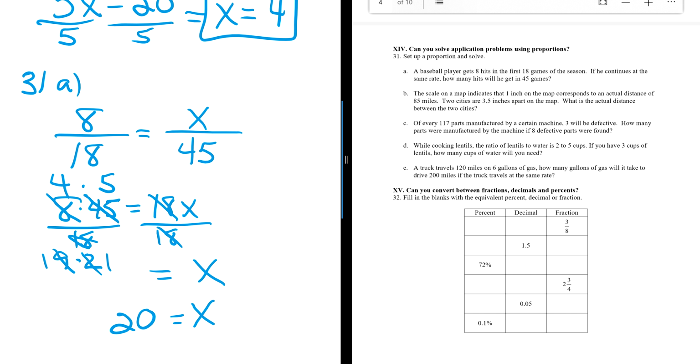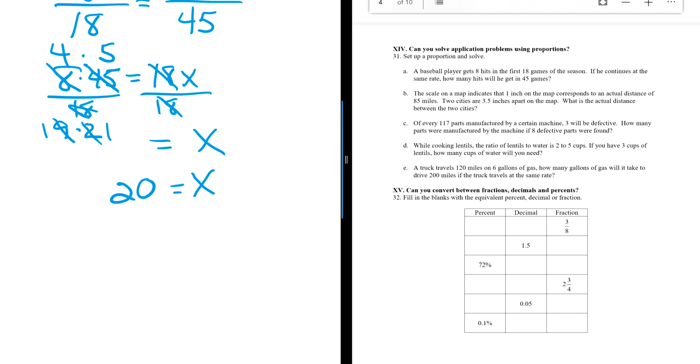And then let's take a look at that. I have 8 over 18 equals 20 over 45. Okay, I want to check if my answer is correct. So I am going to cross multiply here. With the help of your calculator, multiply 8 times 45.